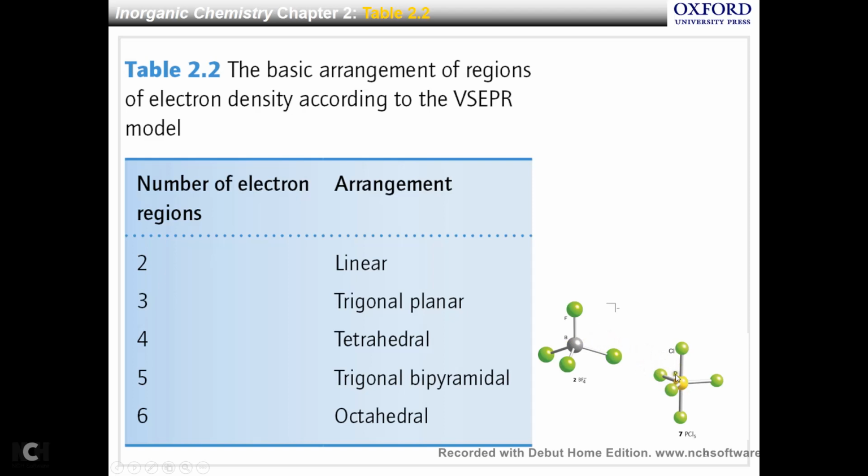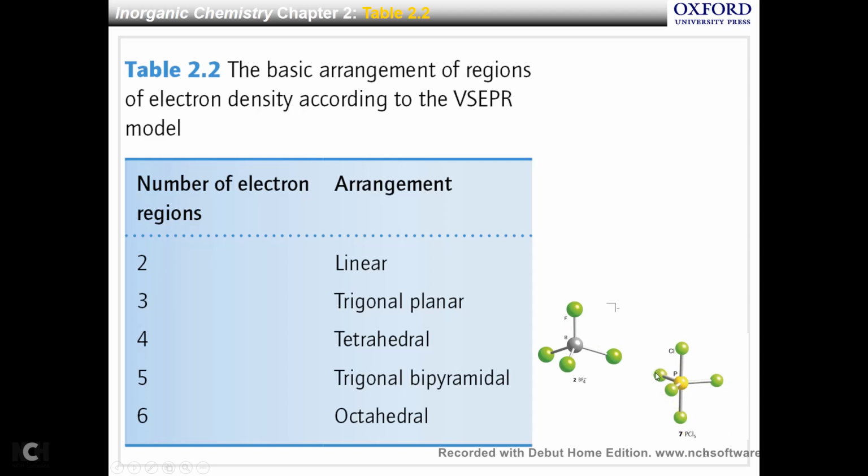However, if I replace this chlorine with 1 lone pair, I would still call this trigonal bipyramidal, when I refer to the electron geometry. If I put 2 electrons here, and then talk about the molecular geometry, I would say it's a trigonal pyramidal structure.